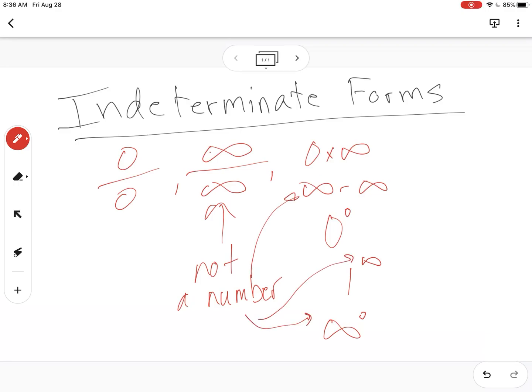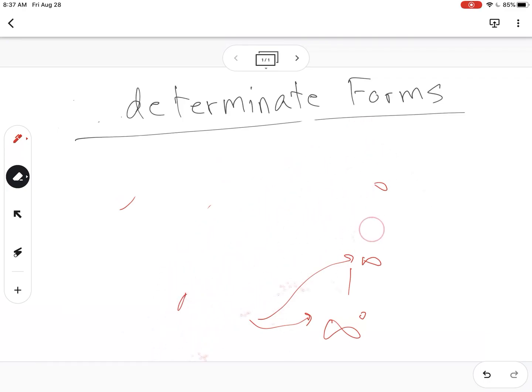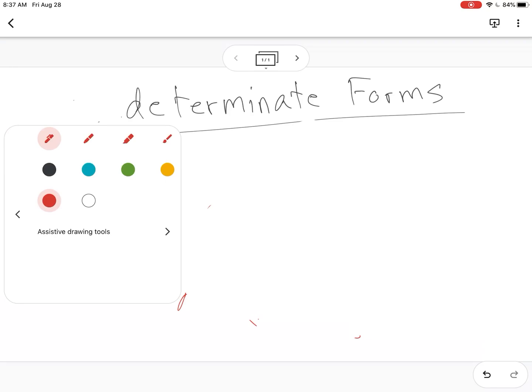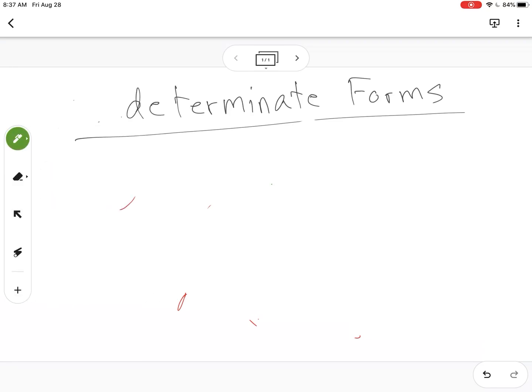Now, one that is a determinate form, one that I can actually calculate and express nicely, is, even though infinity is not a number, infinity plus infinity. It's still going to be positive infinity, even though those are concepts, not actual numbers. I can do addition here because if you add 2 really big positive numbers, you're still going to get a really big positive number.